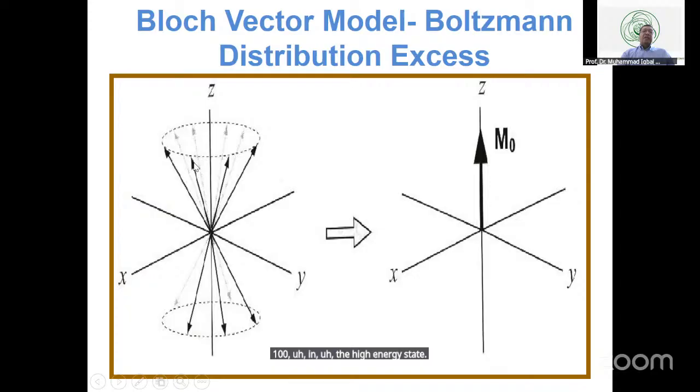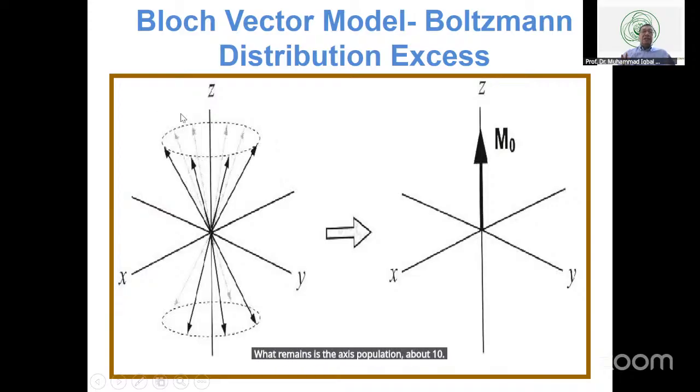Remember, these are tiny magnets precessing around the B naught. And magnets have direction and magnitude, right? Remember, these are vector quantities, and vectors cancel. So 100 vectors from above, 100 vectors from below would cancel. What remains is the excess population, about 10.